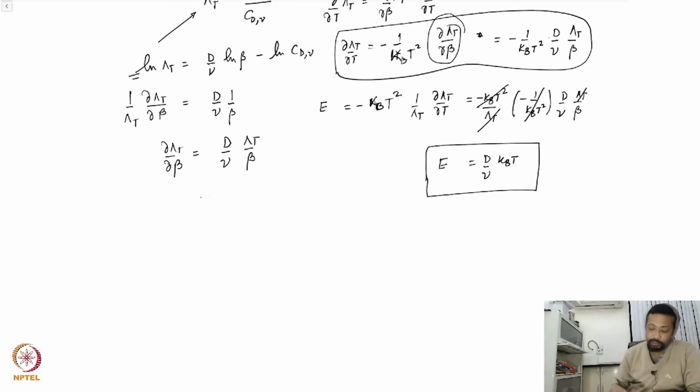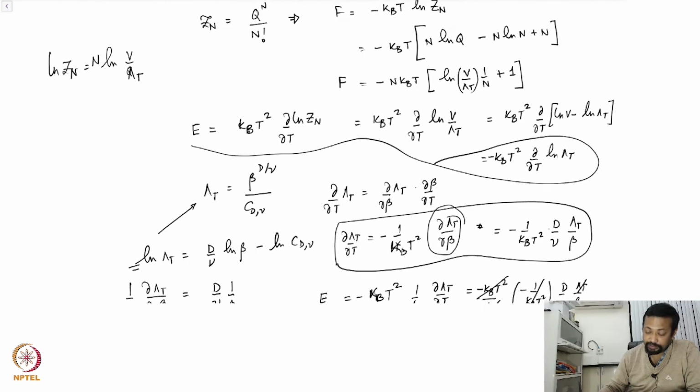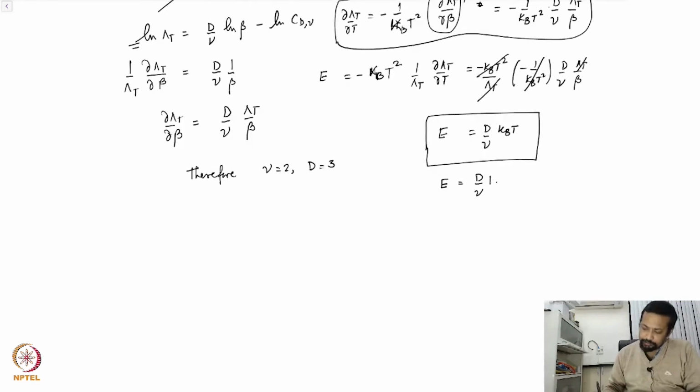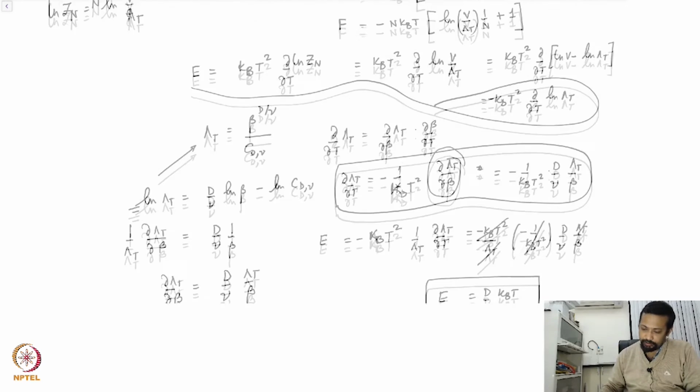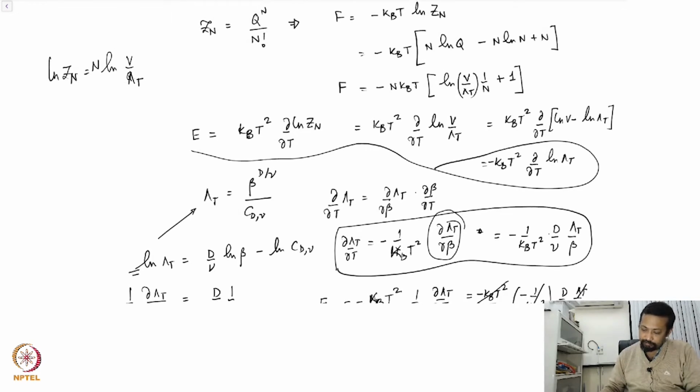Right? Therefore, for a non-relativistic gas, when nu is equal to 2 in 3 dimensions, d is equal to 3, you see E is equal to d over nu. I'm sorry, there has to be an n which I have missed somewhere. D over nu n kBT. But you see, there is a problem over here, and the problem rests in this part.